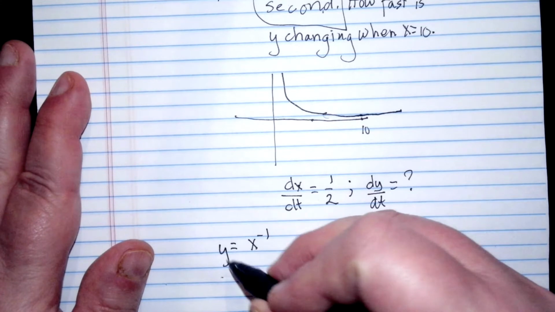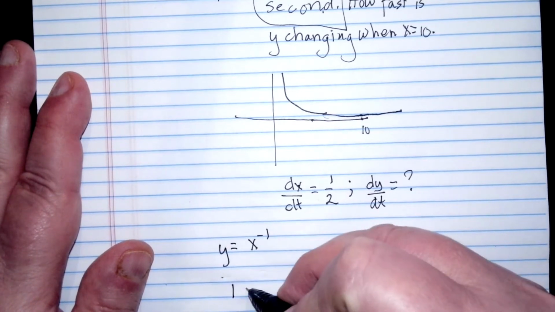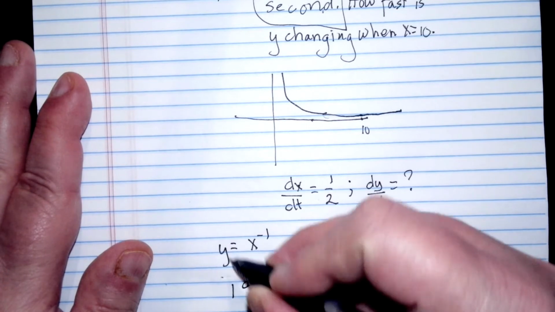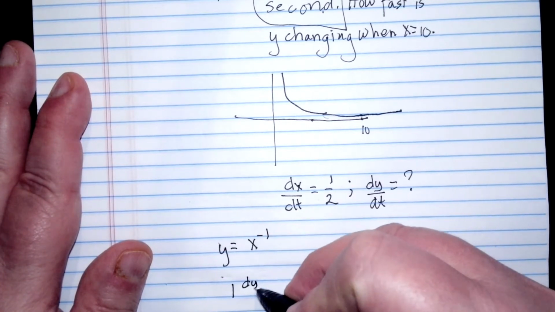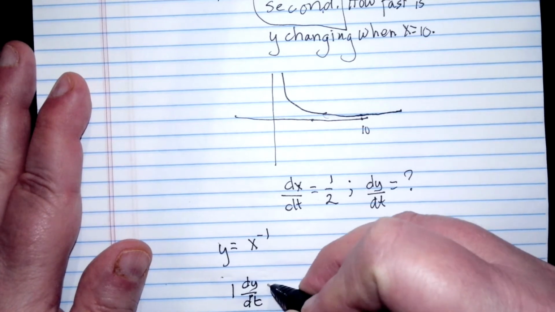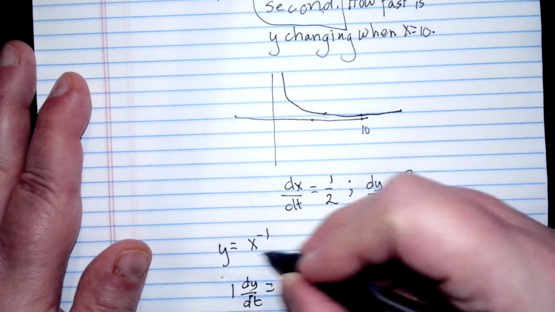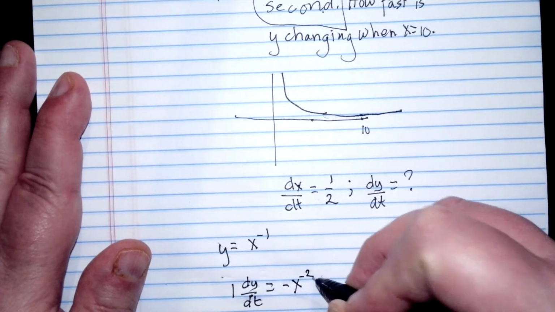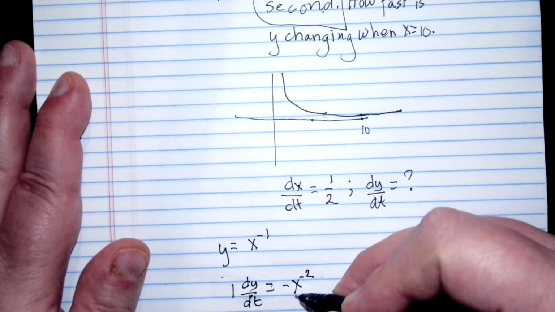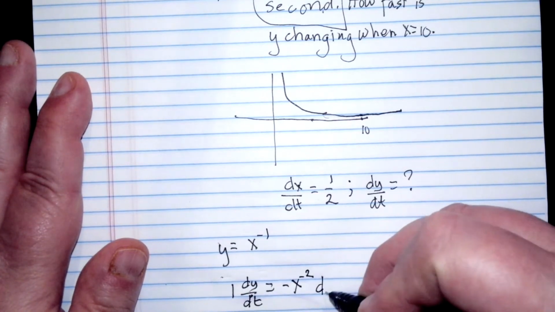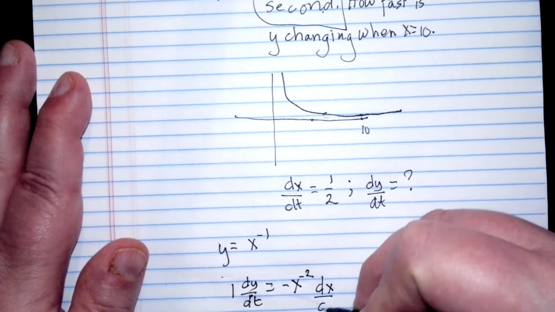So if we differentiate y, we're going to get 1. But y is not a function of t, so we need to include a dy dt. Now over here we differentiate and we get negative x to the minus 2, and again this isn't explicitly written as a function of t, so we need to include a dx dt.